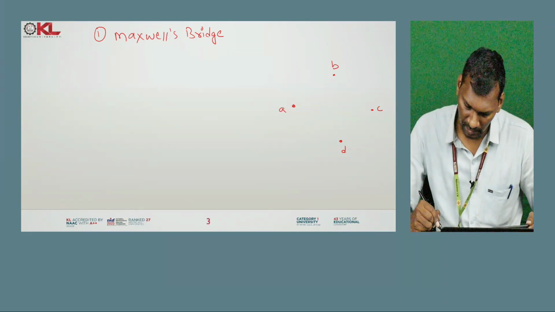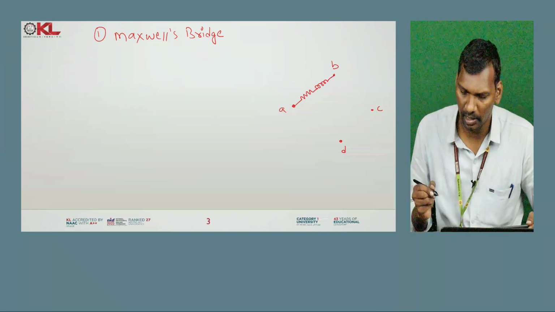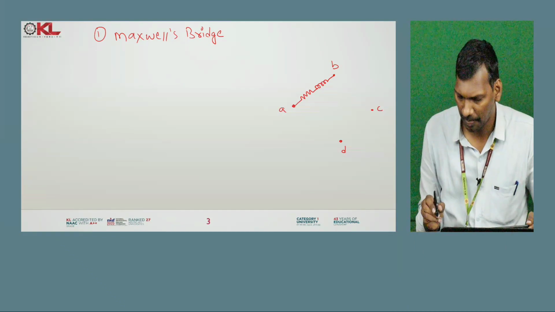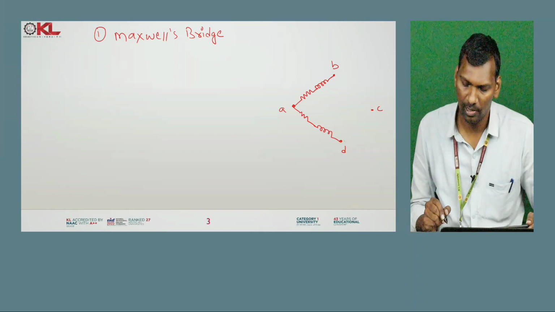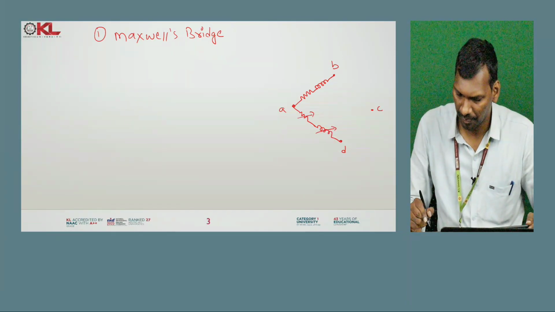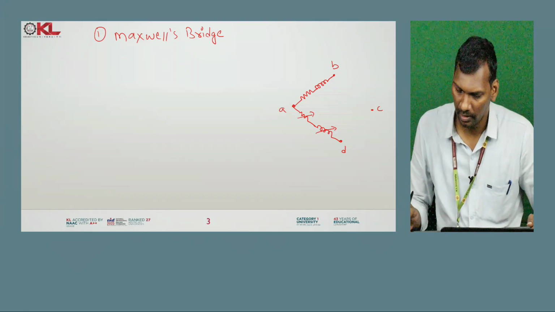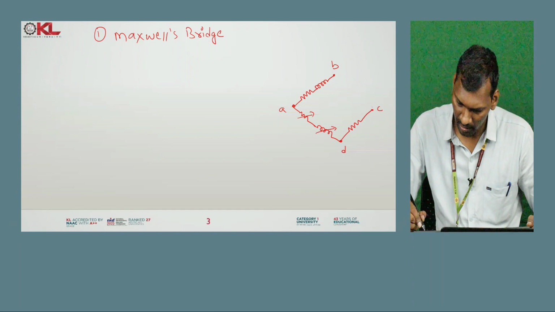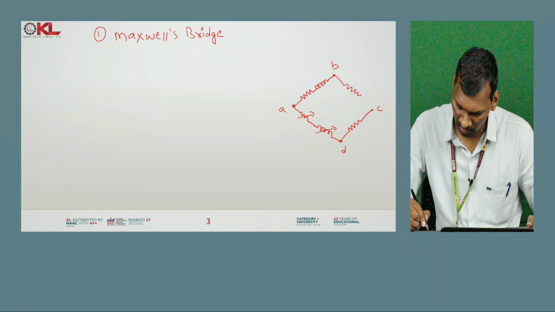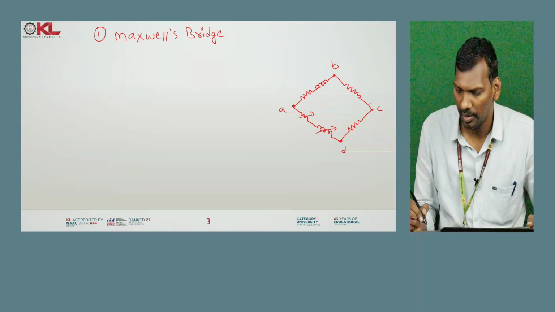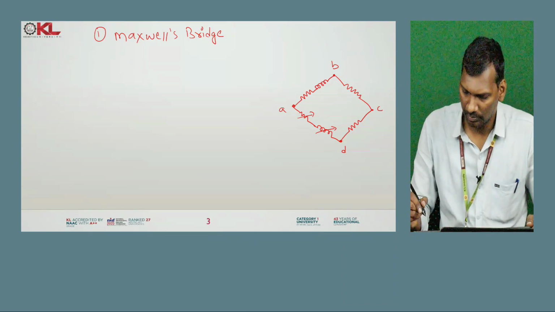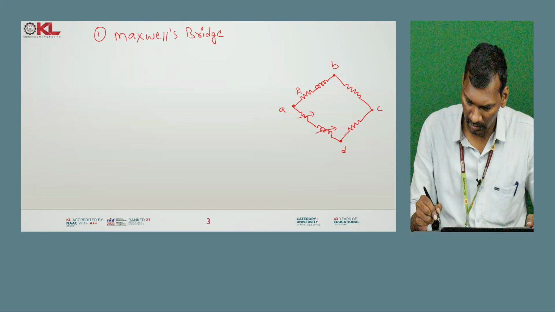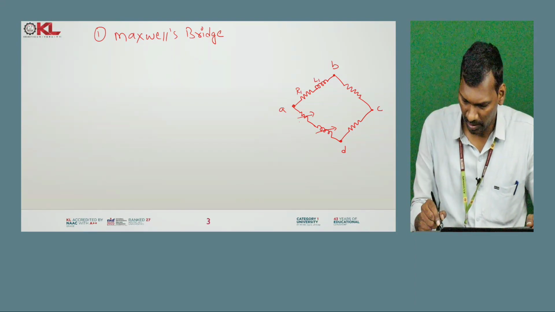The unknown resistance and inductance, that means the unknown coil, the unknown values coil are connected across the terminals AB, and the known standard values are connected between AD, and a known resistance values are connected between the C and D and B and C. Now let us name these parameters.